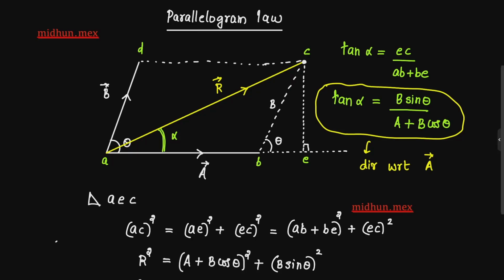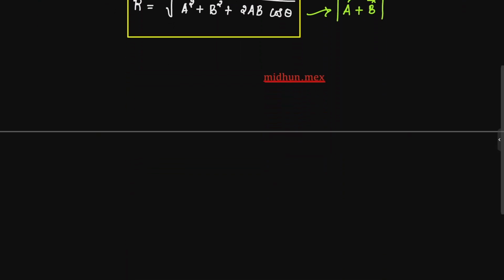I will also briefly explain the triangle law of vector addition, but remember, we are not applying the triangle law anywhere else. Okay. So according to the triangle law, we will be having vector A like this.